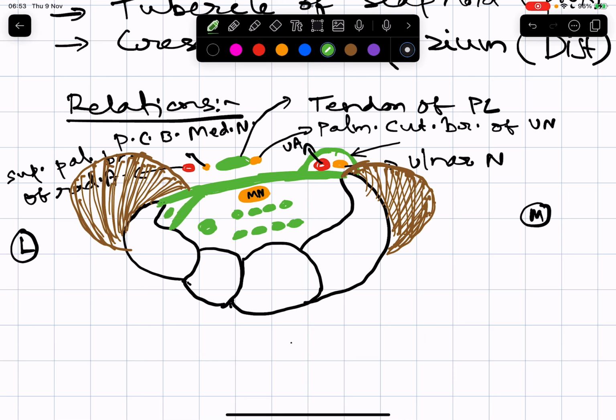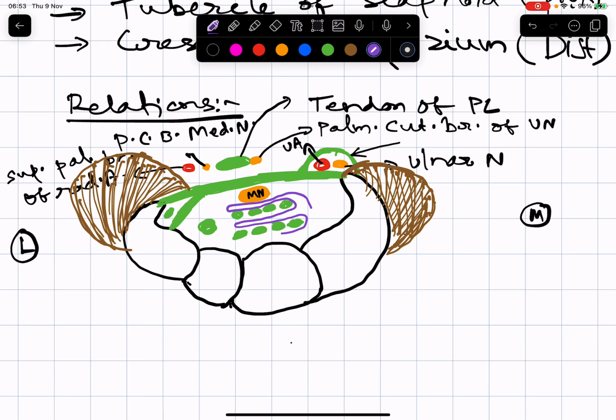Now these tendons are covered by the synovial sheaths of their own. Here we have this synovial pouch or the synovial sheath. This is double layered, with a parietal layer and a visceral layer.